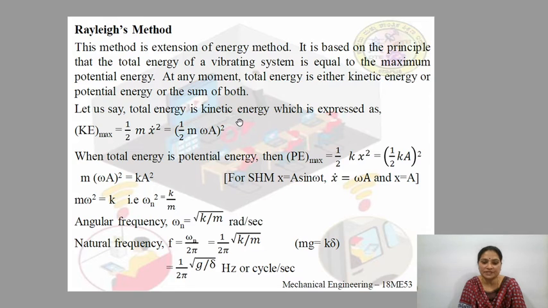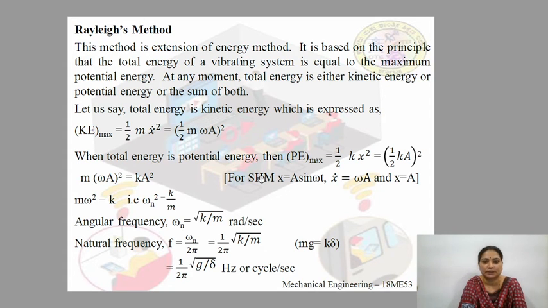First of all, we will consider that the total energy is kinetic energy and then find the equation. Considering the kinetic energy is maximum, we know that the equation for kinetic energy is half m x dot square. This equation is obtained by using the equation of simple harmonic motion.